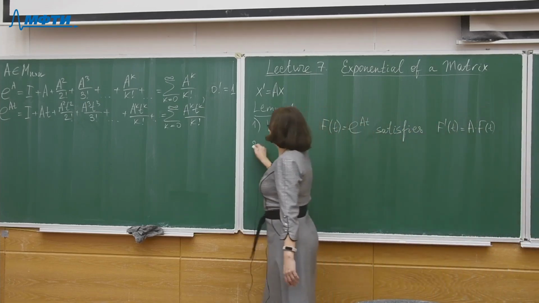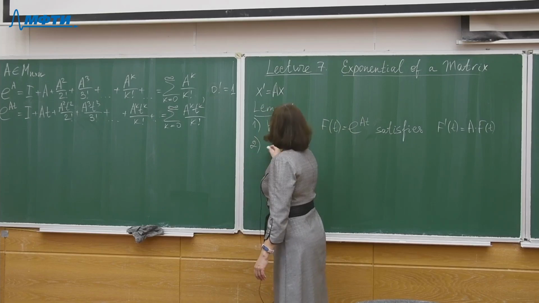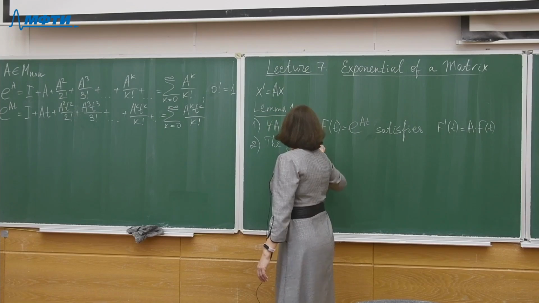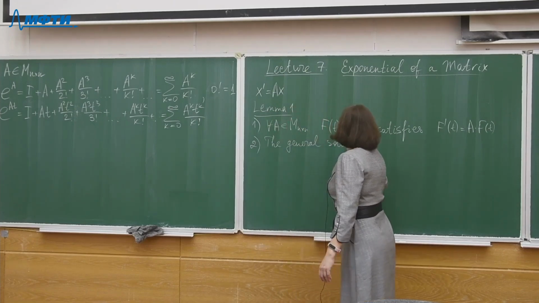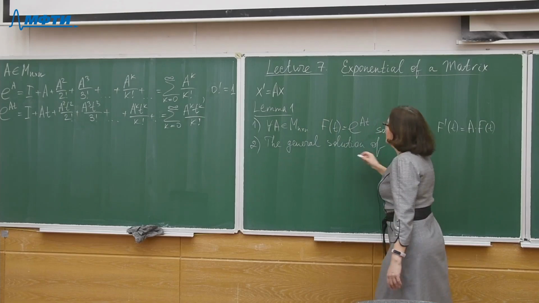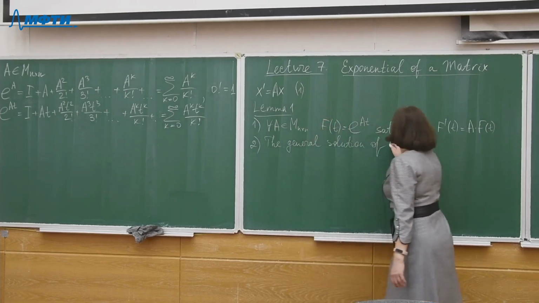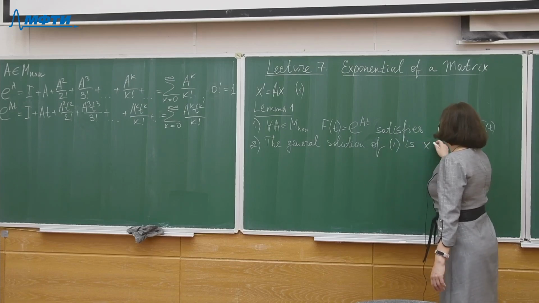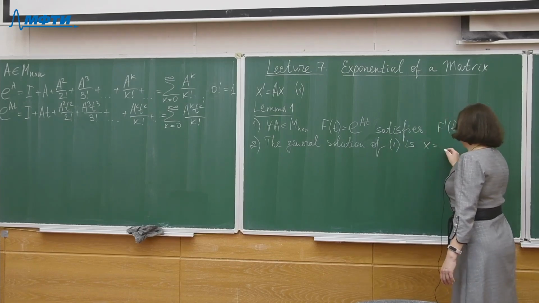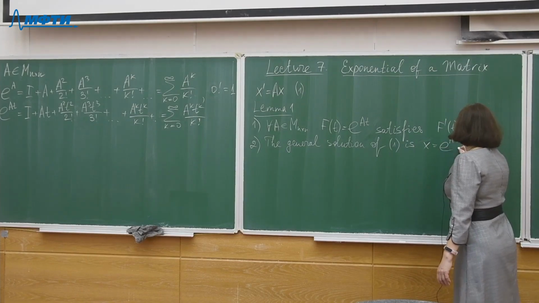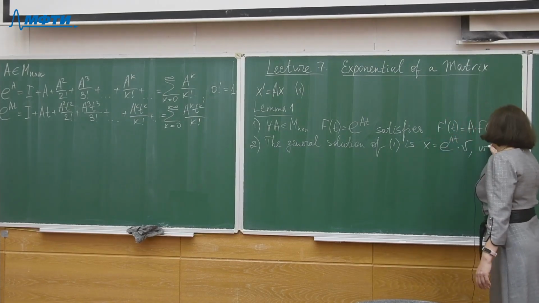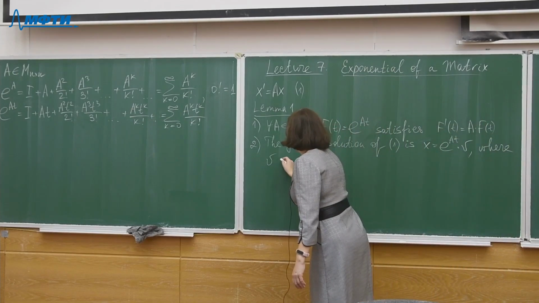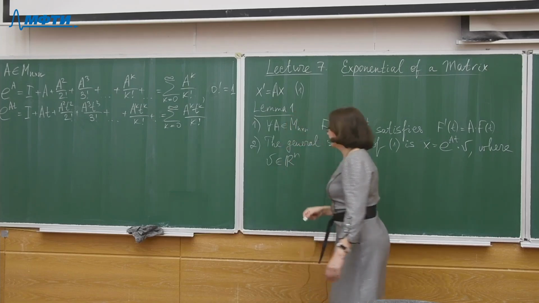And the second statement: the general solution of this matrix equation, let it be (1), is given by the following formula: x equals e to the power At multiplied by v, where v is an n-vector.